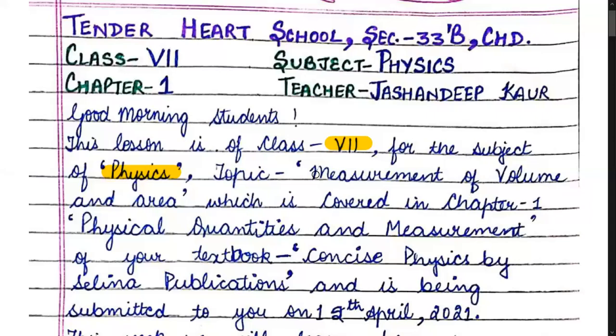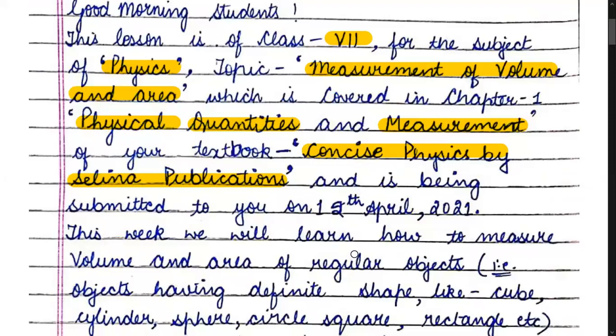Topic: measurement of volume and area, which is covered in chapter 1, Physical Quantities and Measurement of your textbook titled Concise Physics by Selina Publications, and is being submitted to you on 12th April 2021.